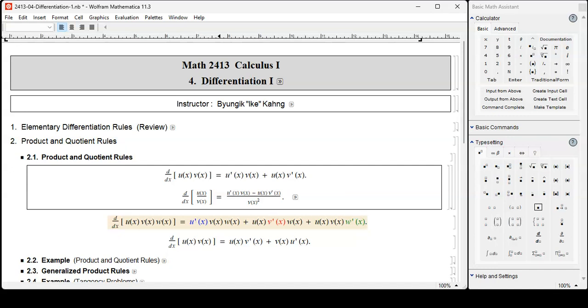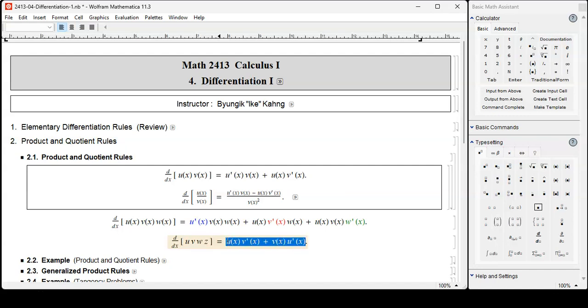What if you have 4 functions? Well, pretty much the same. In that case, I'm going to really run out of characters. U, V, W, and then what do I do? Okay, all right.